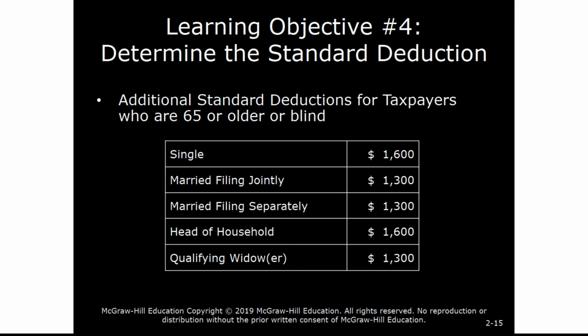Married filing separately, the limit is $1,300 additional on top of the $12,000, and then head of household an additional $1,600 if your taxpayer is either 65 or older or blind, on top of the standard deduction for head of household. And then the qualifying widow or widower is very similar to married filing jointly, so you can add $1,300 onto the $24,000 for a qualifying widower.